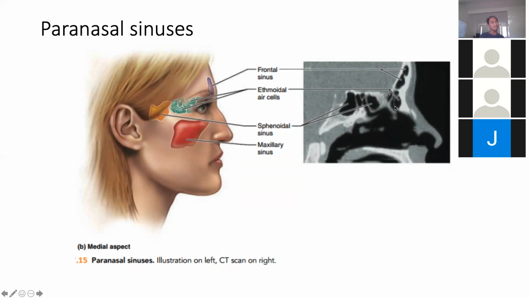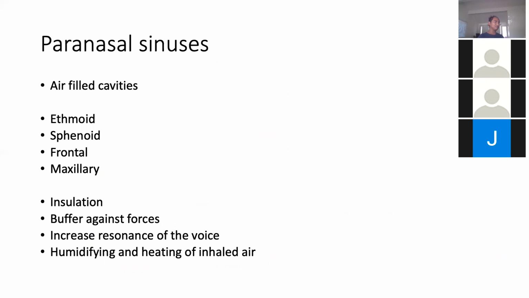Like the nasal cavity, there is a very thin partition between the nasal cavity and the air sinuses. So if there is any significant infection in the air sinus, it can go into the brain as well. An abscess in the air sinuses can go into the brain and give a cerebral abscess.